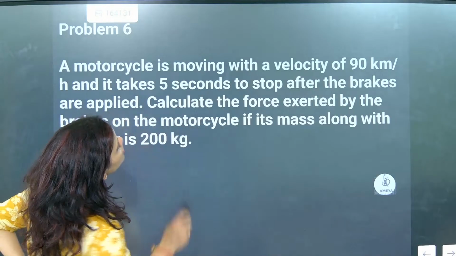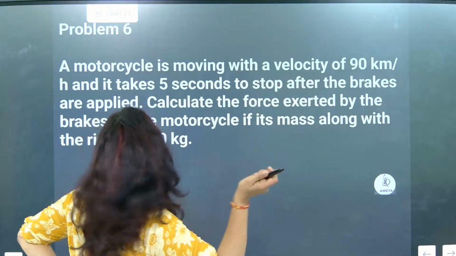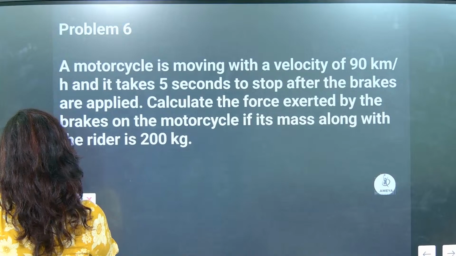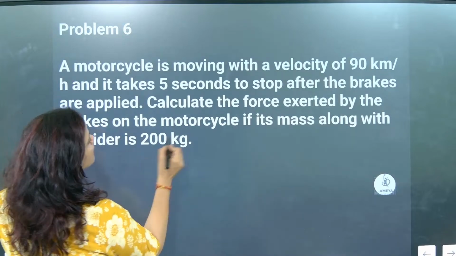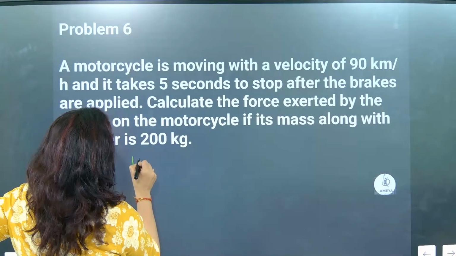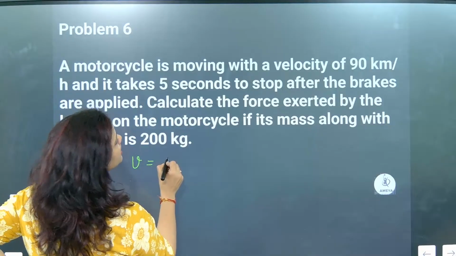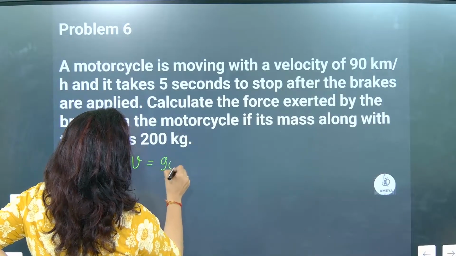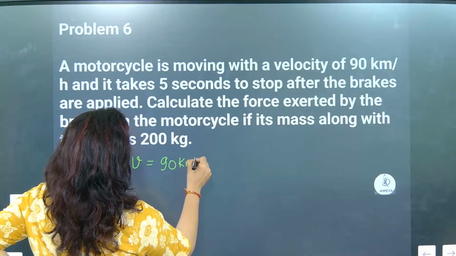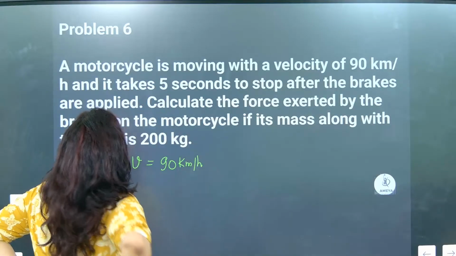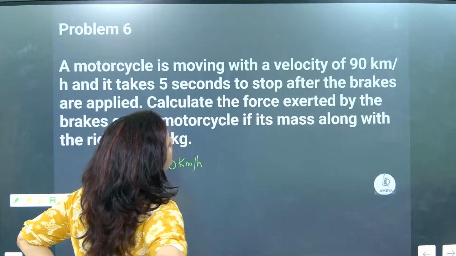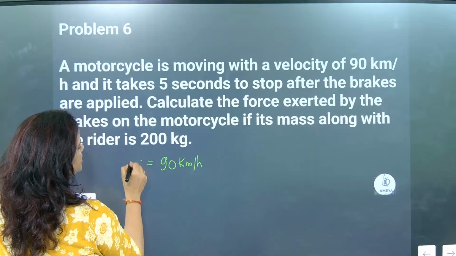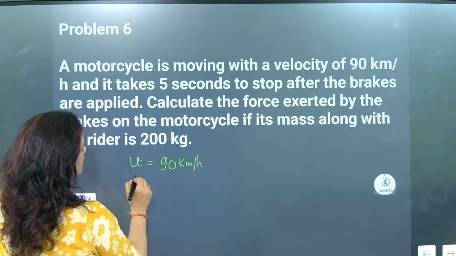Now look here. A motorcycle is moving with a velocity of 90 kilometer per hour. What is the velocity? 90 kilometer per hour. And it takes 5 seconds to stop after the brakes are applied. So initial velocity is 90 kilometer per hour.